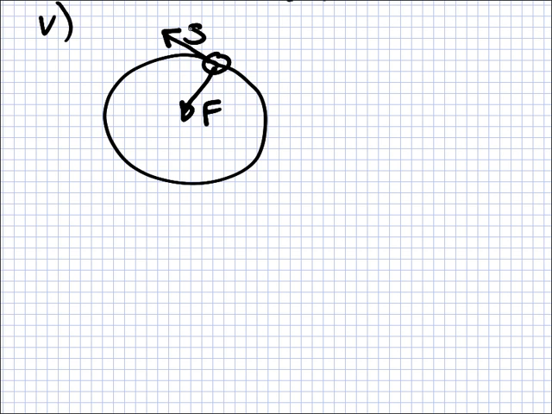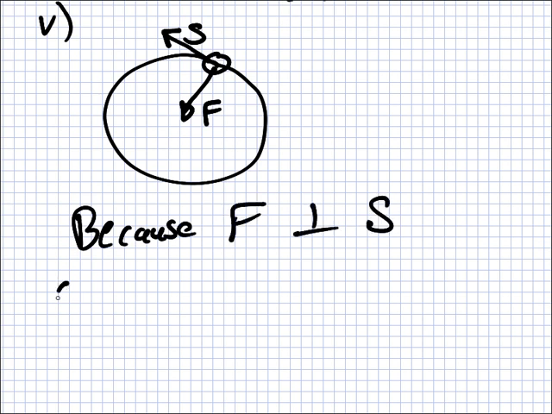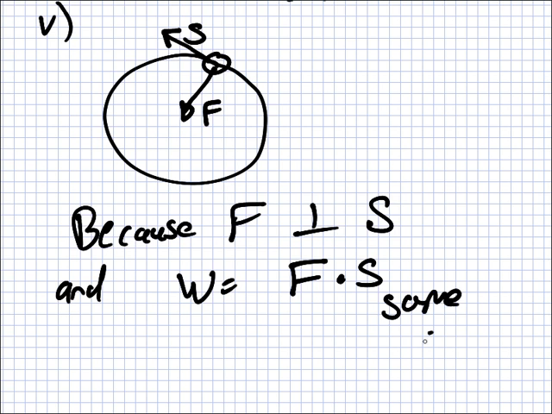Work is the force multiplied by the distance in the same direction, but here they're perpendicular. So force is perpendicular to S, and work equals force times distance, but these have to be in the same direction.